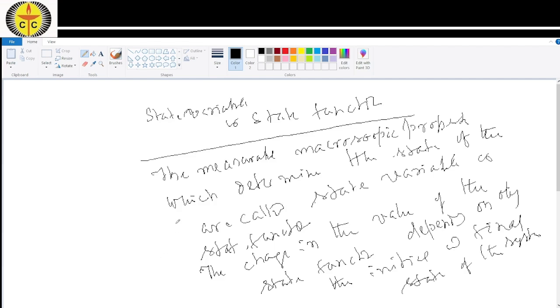For example, to explain this, suppose a sample of water is heated up.